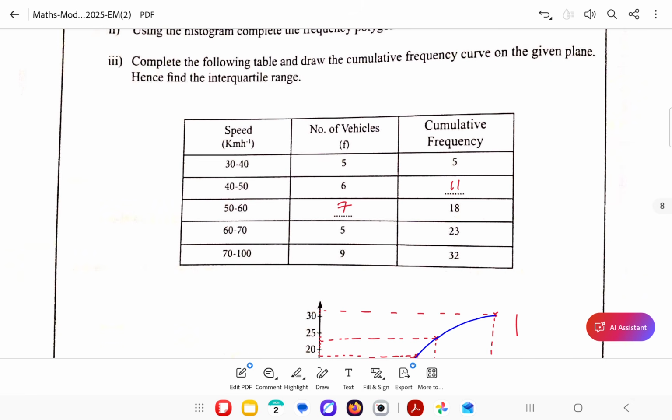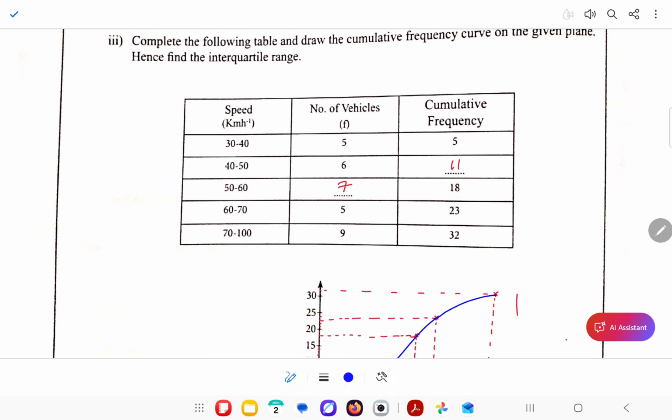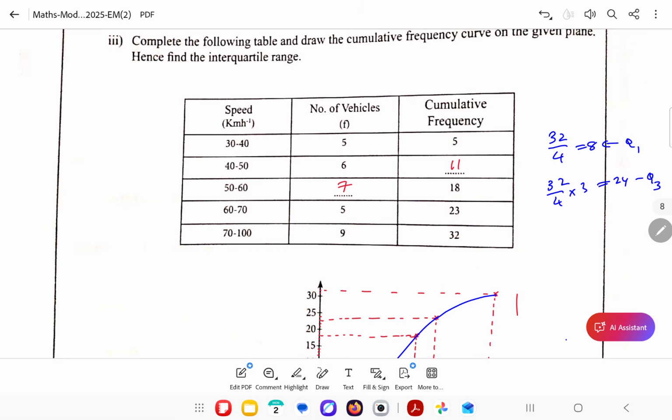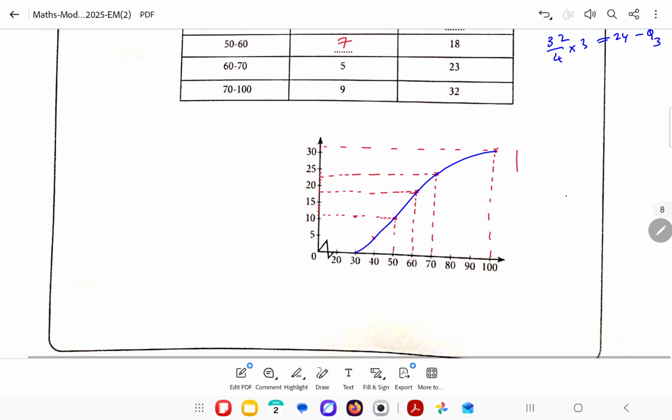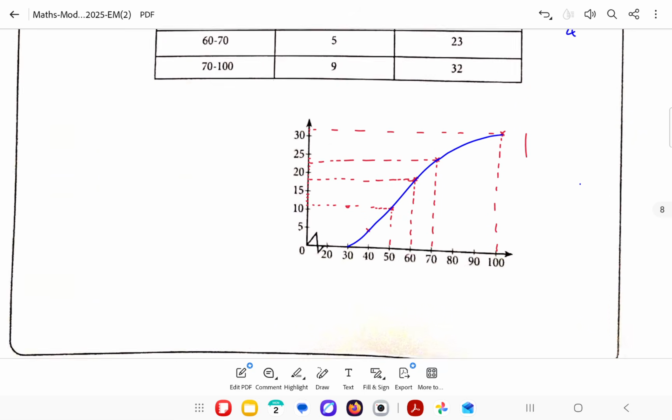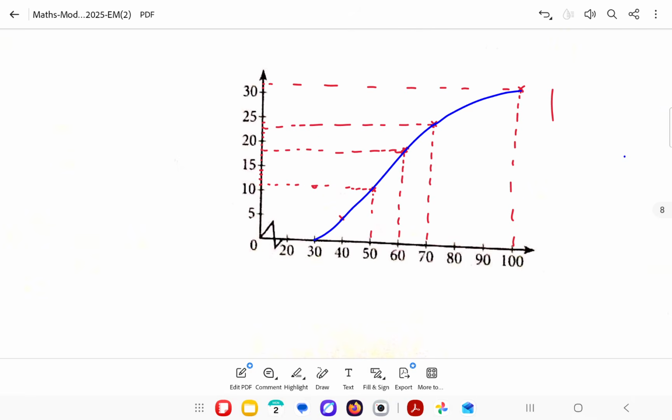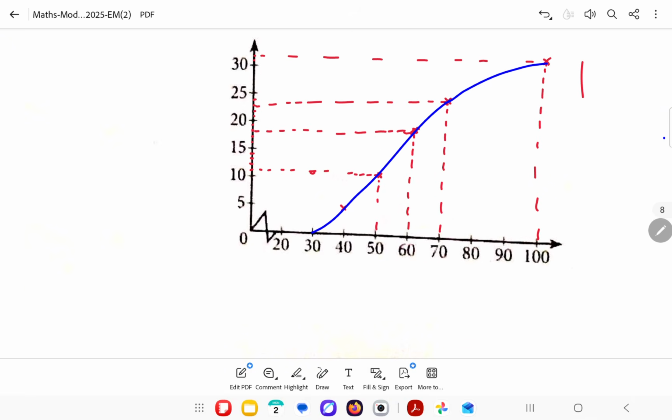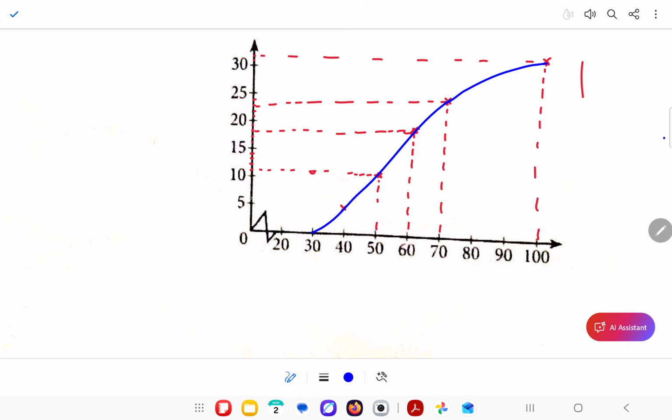Hence find the interquartile range. So 32 over 4, 8, Q1. 32 over 4 into 3, 24, Q3. So roughly find the answer. So 6, 7, 8, 9. So 8.